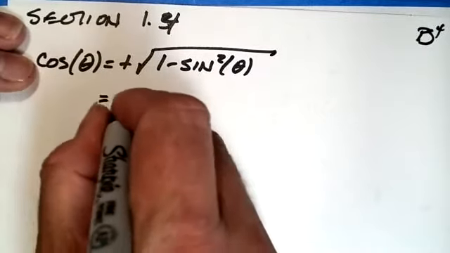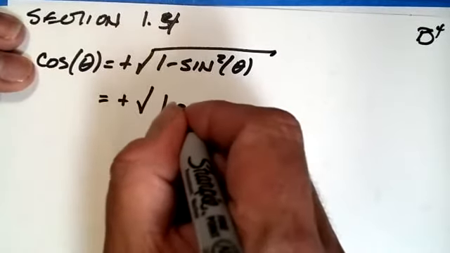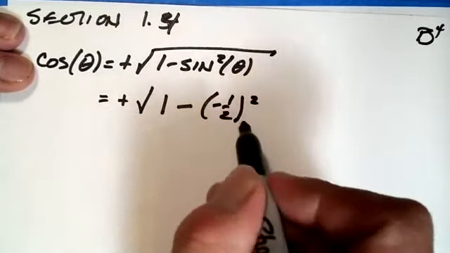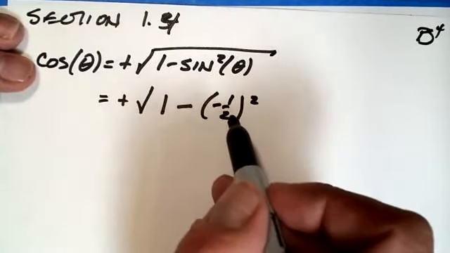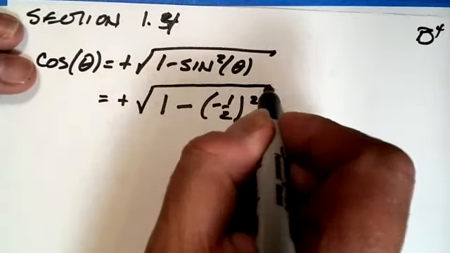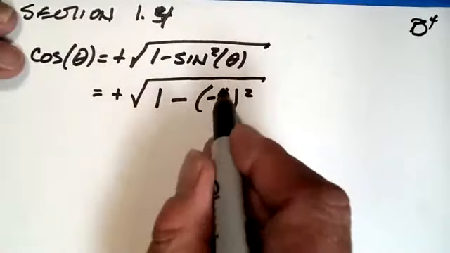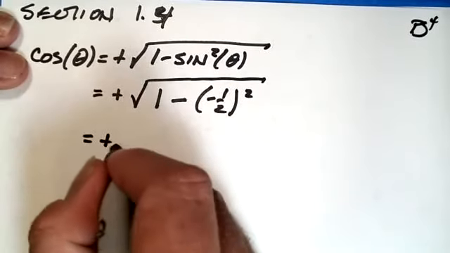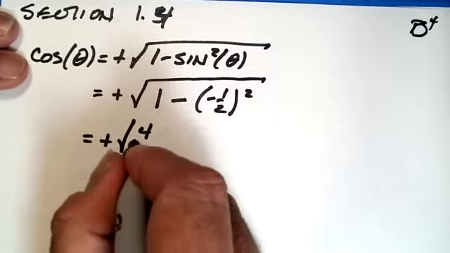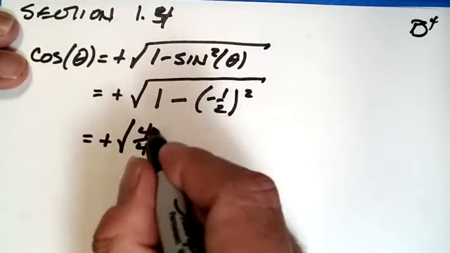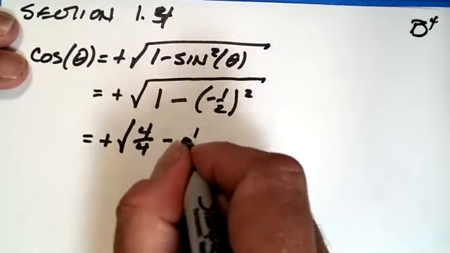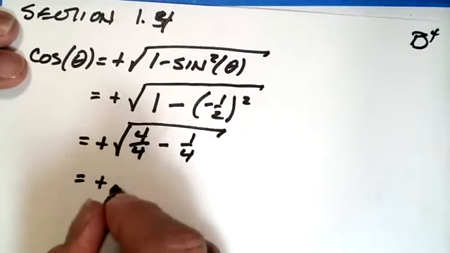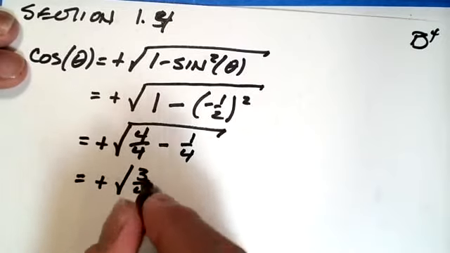So this is the positive square root of 1 minus (-1/2) squared. Be careful with these parentheses because you'll mess up the signs if you're not careful. When you square a -1/2, you get 1/4. So I'm going to do a little bit of fractional magic in here. 4/4 is 1 minus 1/4, which is equal to positive square root of 3/4.